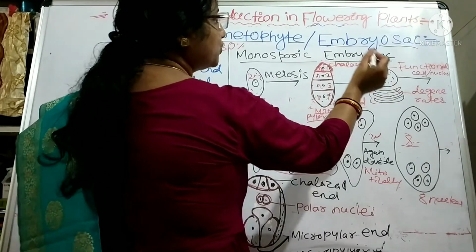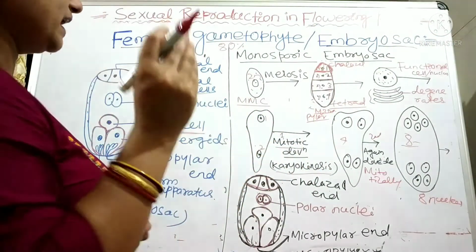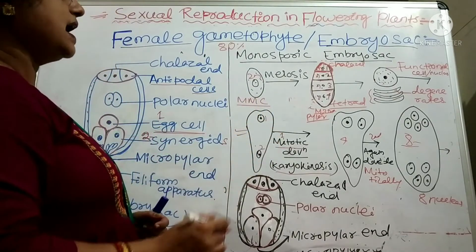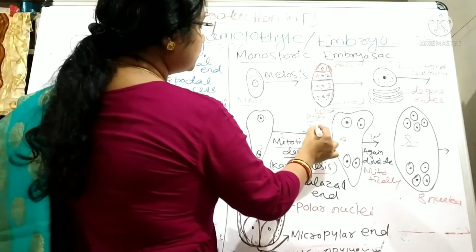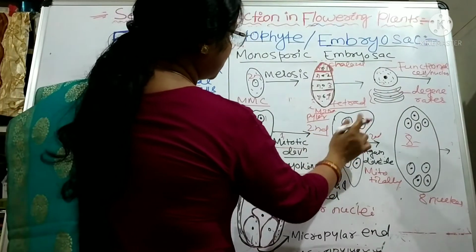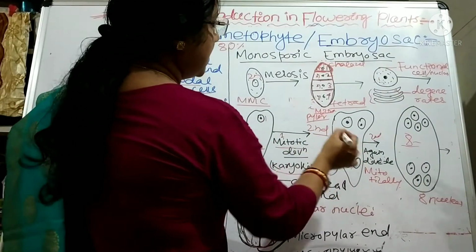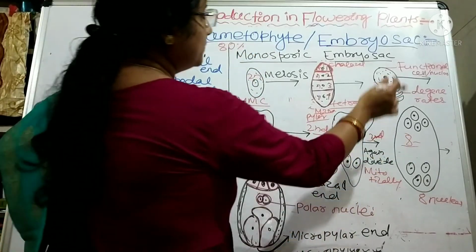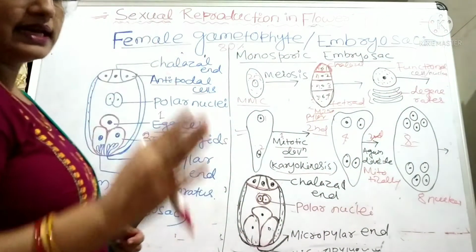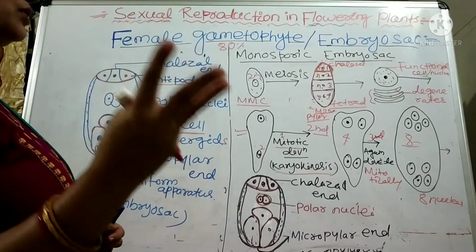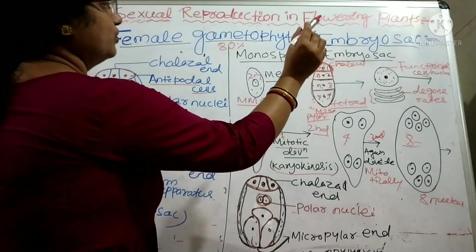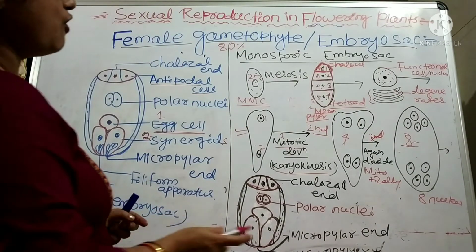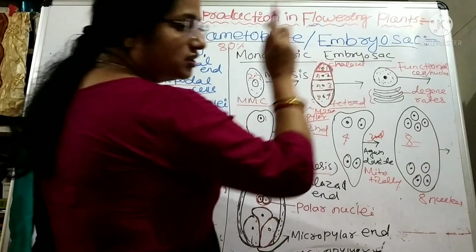This functional cell undergoes a mitotic division to form 2 nuclei, then a second mitotic division to form 4 nuclei, and the third mitotic division to form 8 nuclei. Totally 3 mitotic divisions occur, to form 8 nuclei.